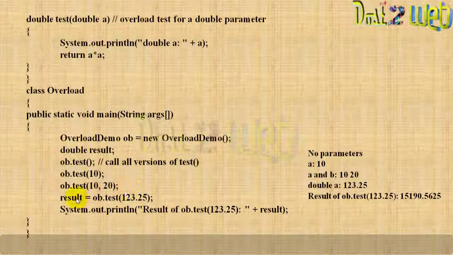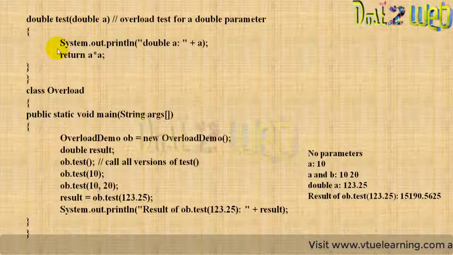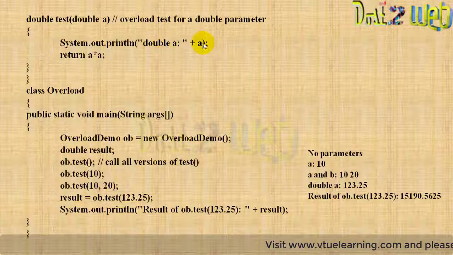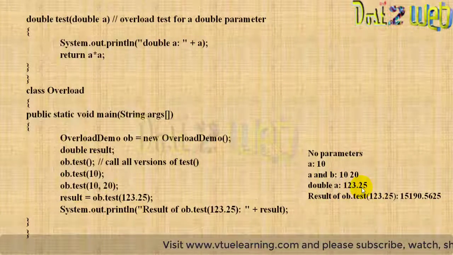So now the result. What is the result you are going to get? Even though you have one value in double, right? When your result is equal to ob.test, what is the ob.test? It will refer to this method, where we are giving the return statement. So first it says print the a value. What is the a value? 123.25.